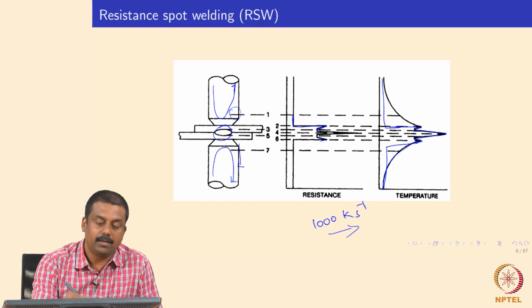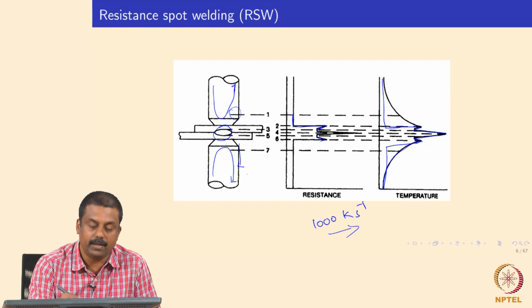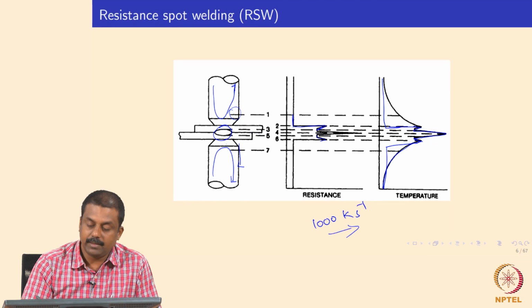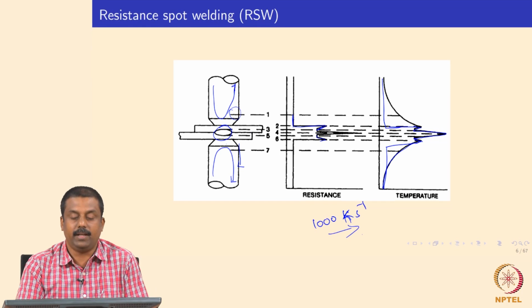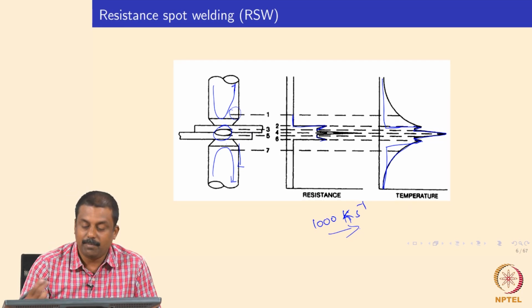and it can go even higher, to several thousand Kelvin per second as well. And because of this effective cooling, the copper can extract heat much more effectively and rapidly as well. So now the situation becomes extremely critical, right? The cooling rates we use here in resistance spot welding are very rapid, so much more than what you need to form a martensitic microstructure in advanced high strength steel.